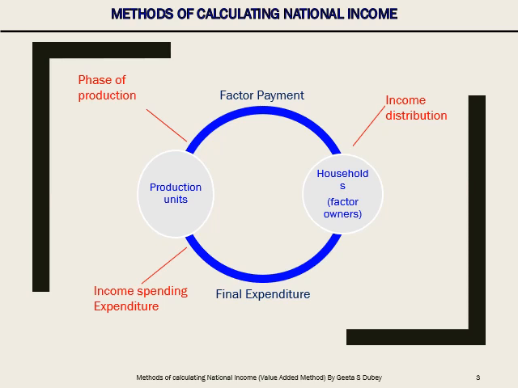We now enter the final leg of the circular flow of income where we see that income also does not stay with the household. The household spends on goods and services produced by these units, causing expenditure. Thus, in phase 3, there is disposition or expenditure of income as a consequence of the generation of income in phase 2, which is the third angle and is called the expenditure method of calculating national income.